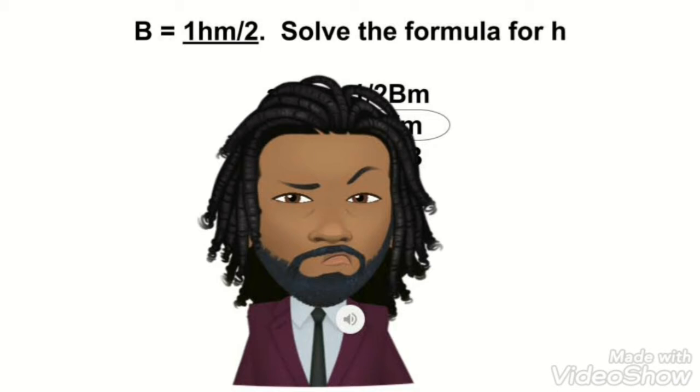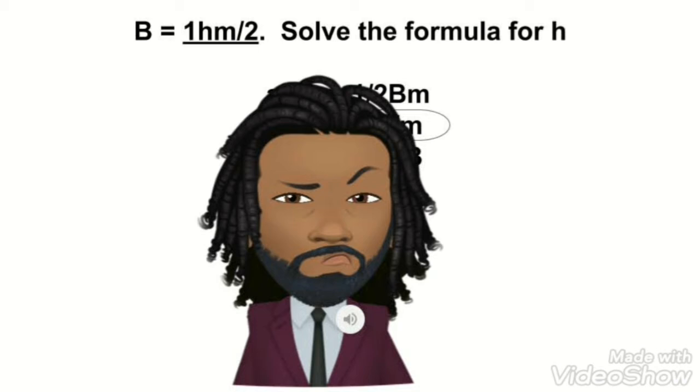And the next question can be just as tricky. One thing I really want you to focus on is the number 1. You don't have to have a 1 there, but you can definitely have a 1 there. There can be a 1 with the B. There could be a 1 with the M. So there is 1B equals 1H, 1M divided by 2.